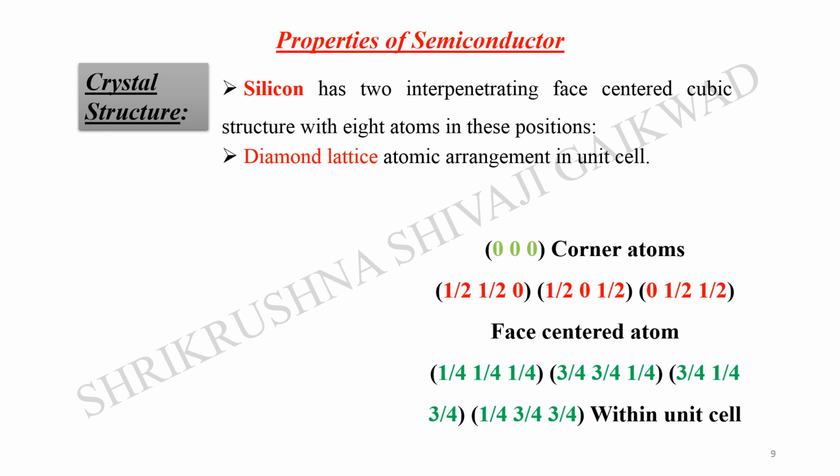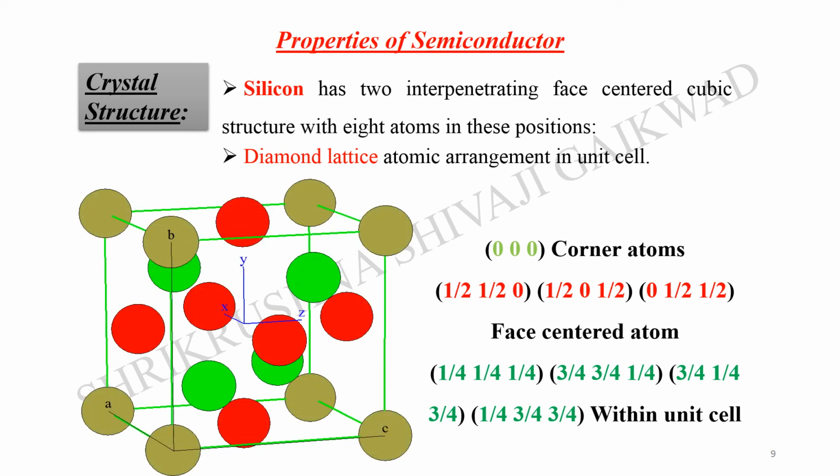So next to the origin, at the position of 1/4 1/4 1/4, one atom will be placed, and in succession each atom will be translated by the 1/4 position, and we will get another unit cell within itself. So here is the crystal structure of the diamond lattice, right?